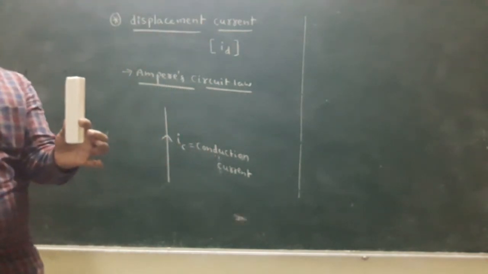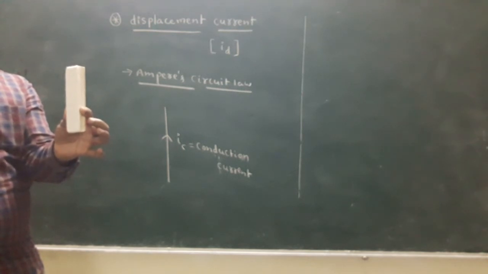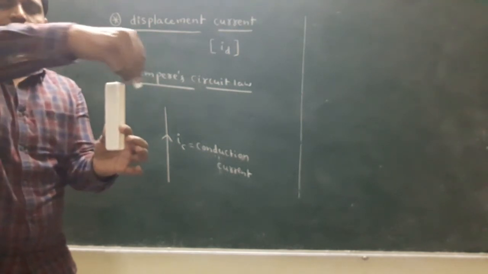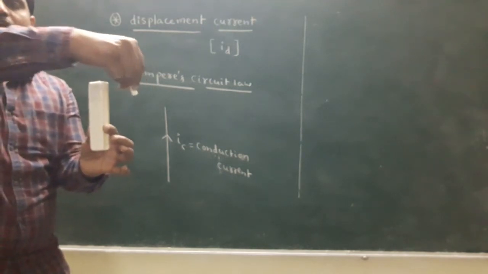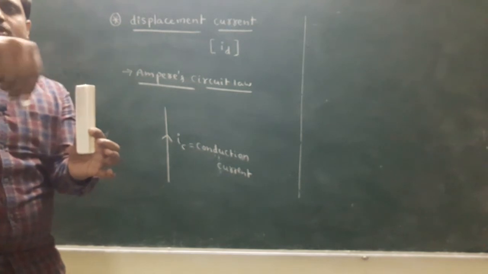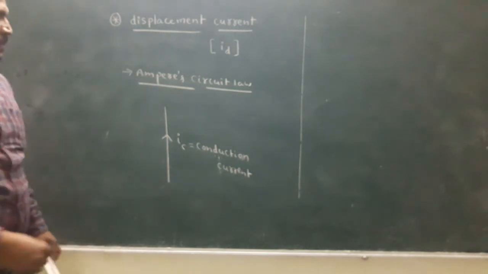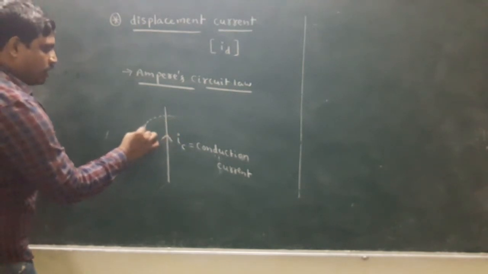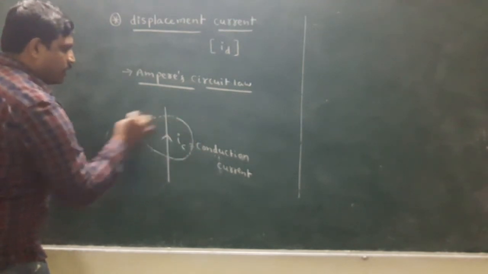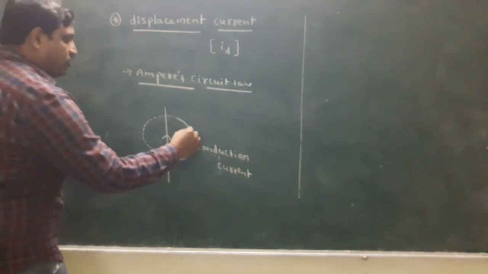Once again I repeat, a current carrying wire produces a magnetic field. This magnetic field is produced around the wire. According to Oersted's experiment, a current carrying wire produces the magnetic field.